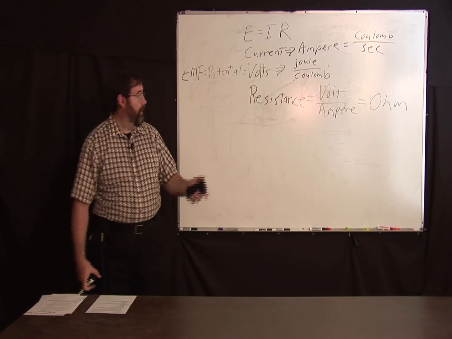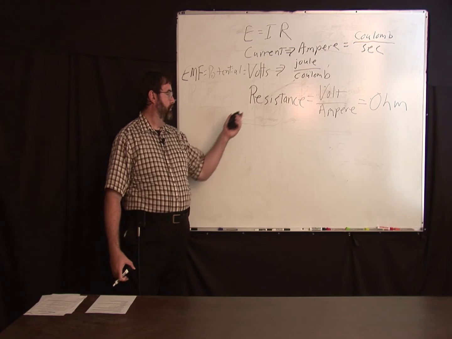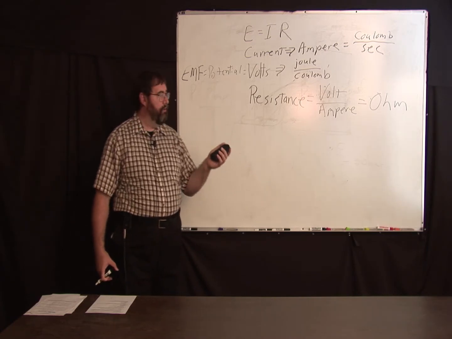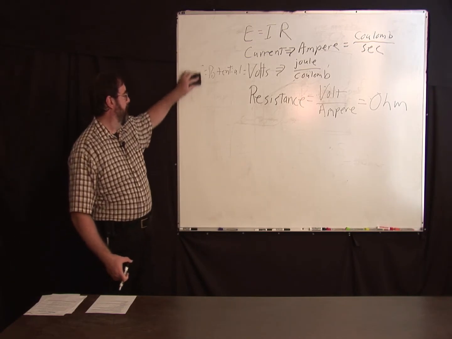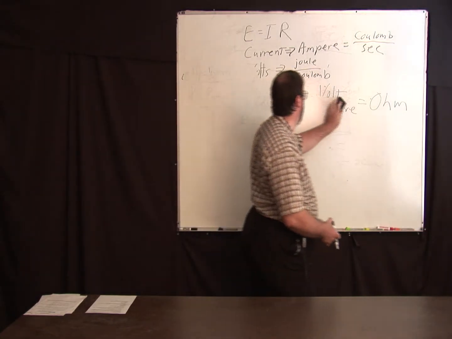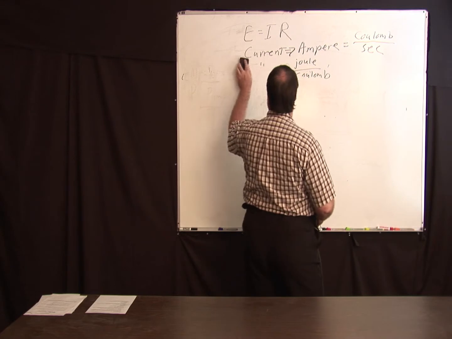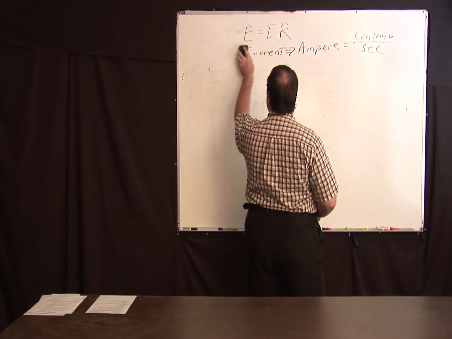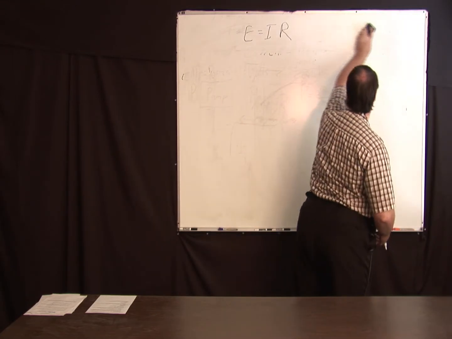So, now you have voltage and resistance. So what are some of the things you can do once you have Ohm's law and all these things? Well, the whole point of Ohm's law is that if you have any two of them, you can determine the other one.